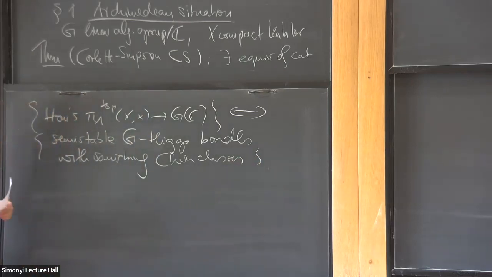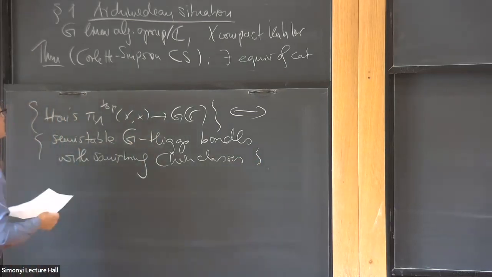So our group can be GL_N, SL_N, an orthogonal group, or some such classical linear algebraic group.